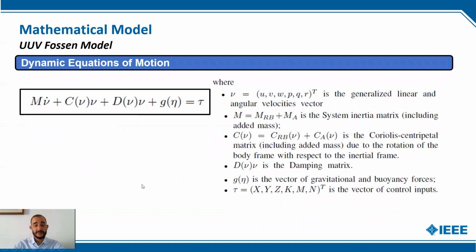In order to derive the marine craft equation of motion, it is necessary to study the motion of rigid bodies, hydrodynamics, and hydrostatics. And according to Fossen, the rigid body dynamics can be expressed in vectorial form, as you can see here, where M, C, D, and G are respectively the system inertial matrix, the Coriolis centripetal matrix, the damping matrix, and the vector of gravitational and buoyancy forces.